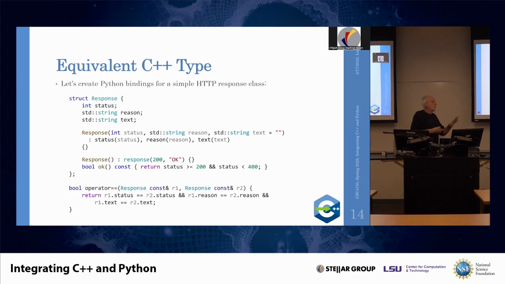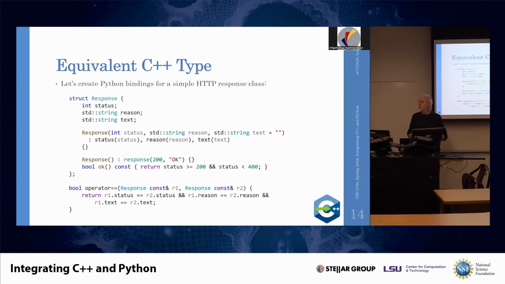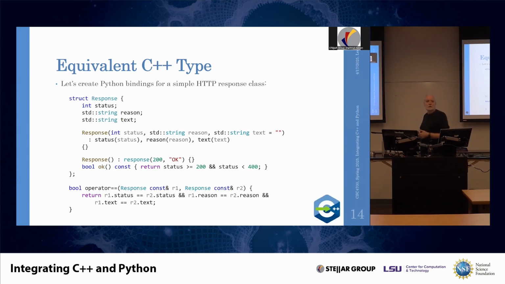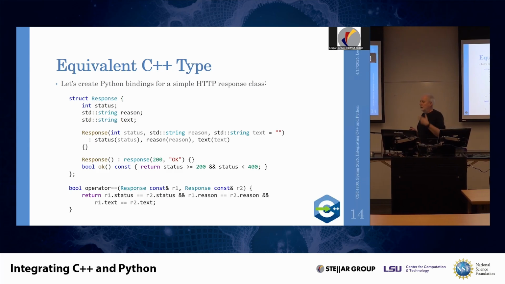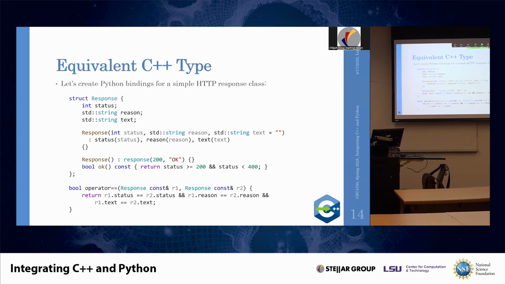But now I want to be able to remove my Python implementation, which is in the file response.py, and replace it with a module which is a libresponse.so or something like that, which has my C++ implementation in it. And I can continue using my Python code that was using that Response type without even touching it.